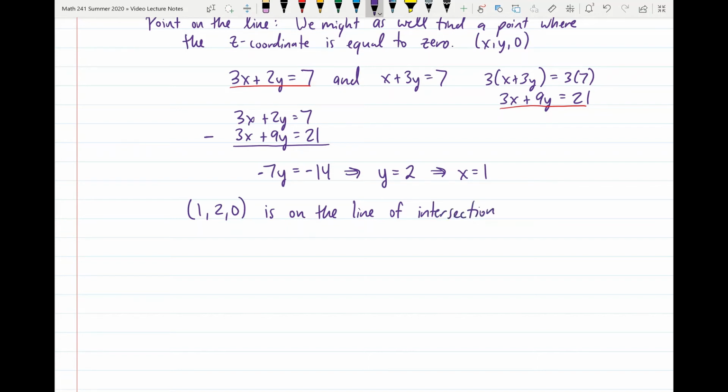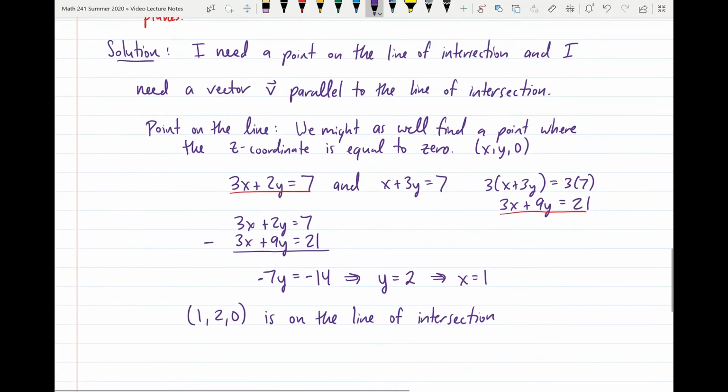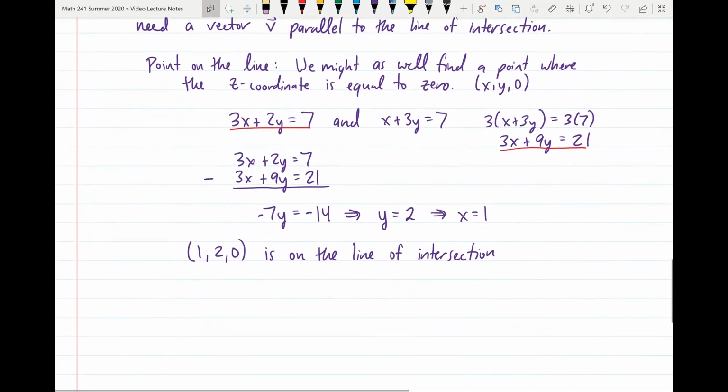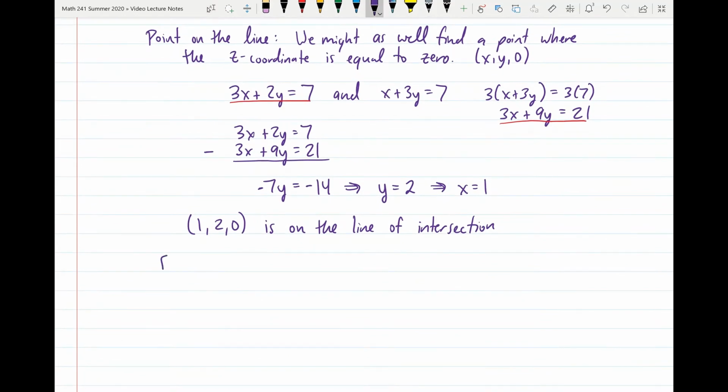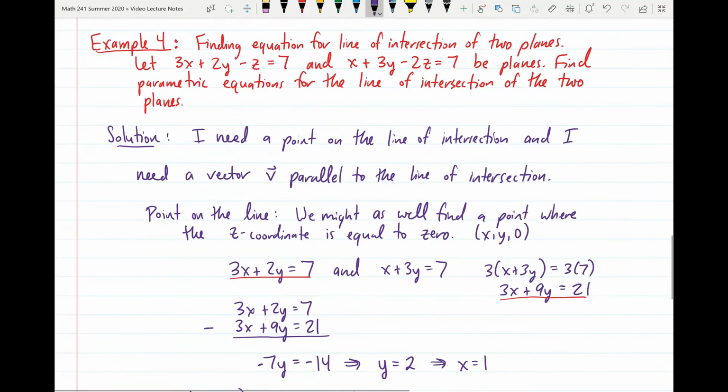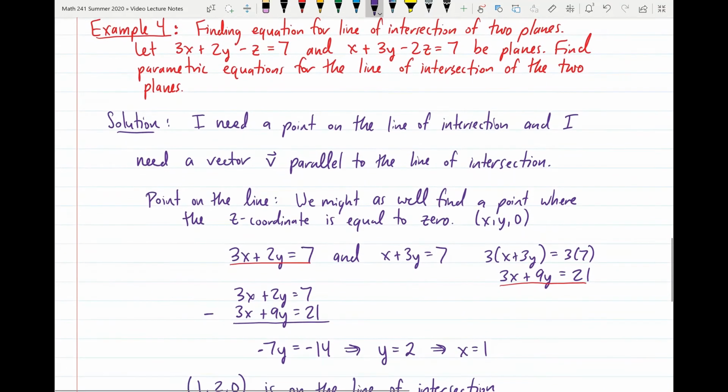So now we have the first piece of information. We have a point on the line. Now we need to find a vector that is parallel to the line of intersection. Okay, so the line of intersection is going to be normal to both the normal vector of the first plane as well as the normal vector of the second plane.